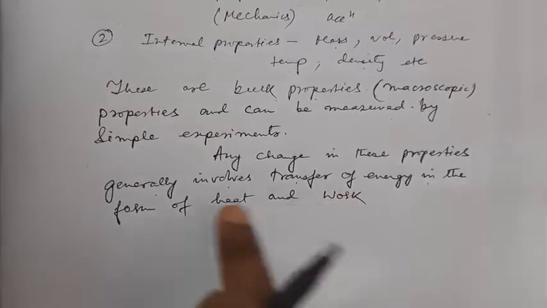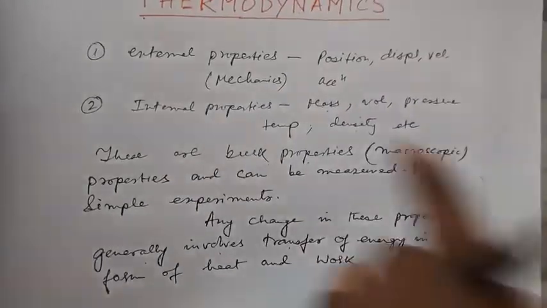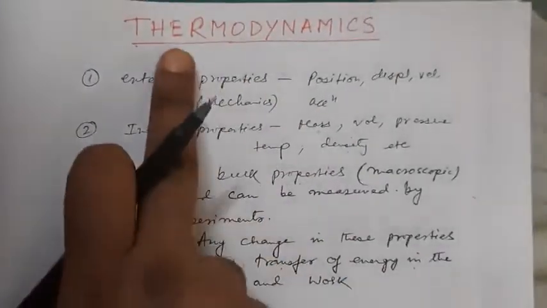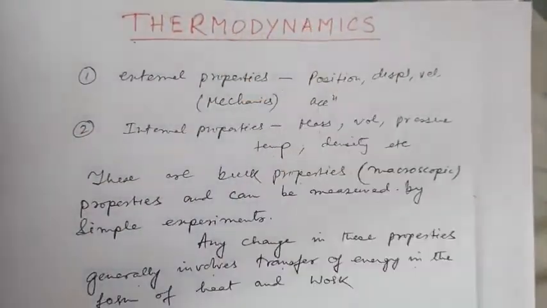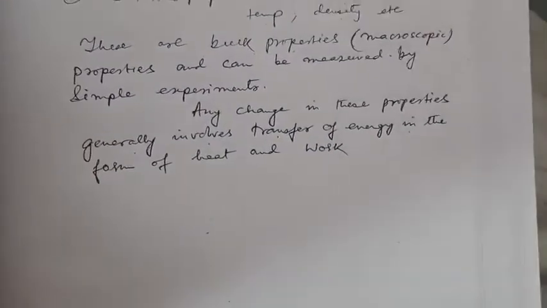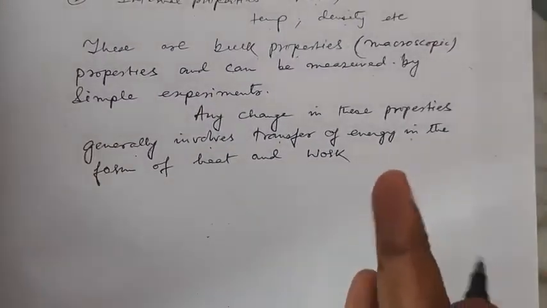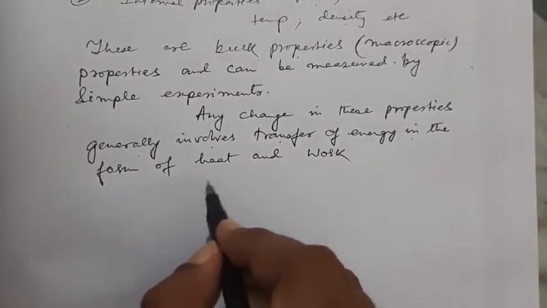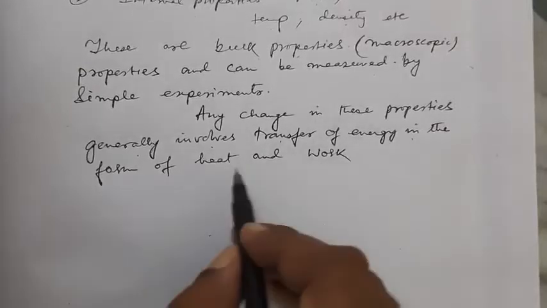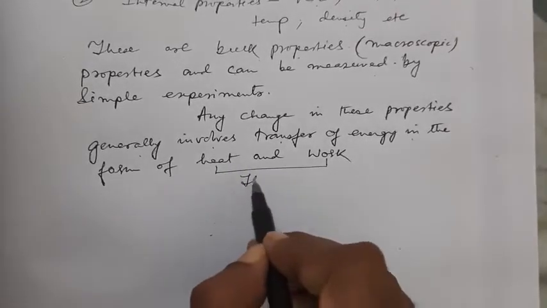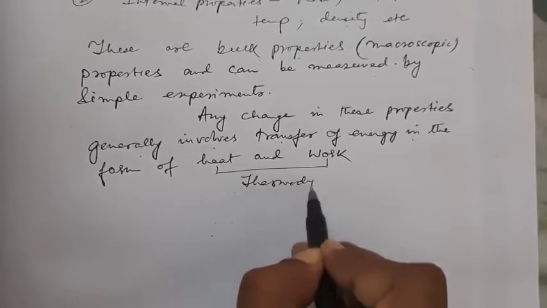Now, heat and work. The term thermodynamics has two words in it. One is heat, that means therm, and dynamics means work. So in simple words, it is a relation between heat and work. This branch of physics which relates heat and work is known as thermodynamics.